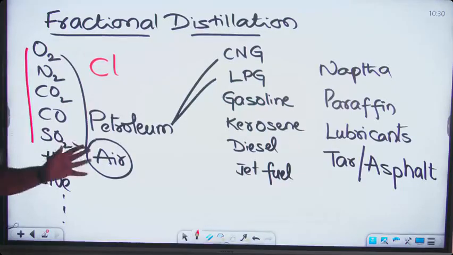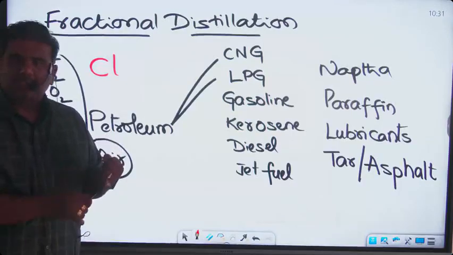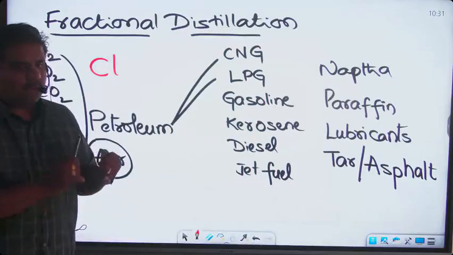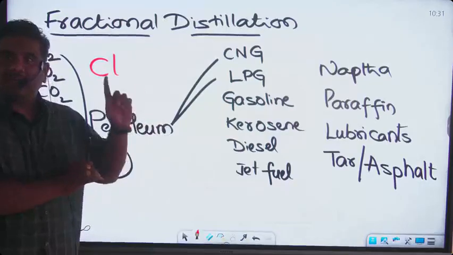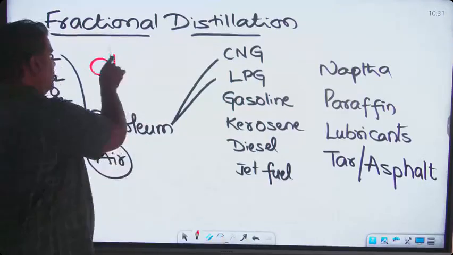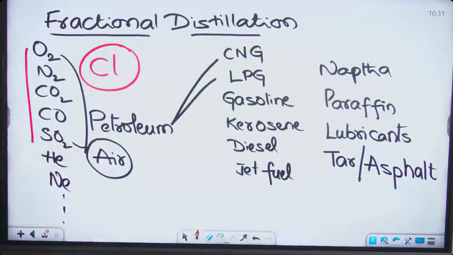When we say gas, hydrogen is a gas, helium is a gas, oxygen, nitrogen, fluorine, all these are different types of gases. All of these are present in the air. The gas that is not in the air is only chlorine. We have got different gases, but except chlorine. Helium is present, neon, argon, krypton, xenon, all of these are present in the air in different ratios, but chlorine is the only gas which is not present in air.